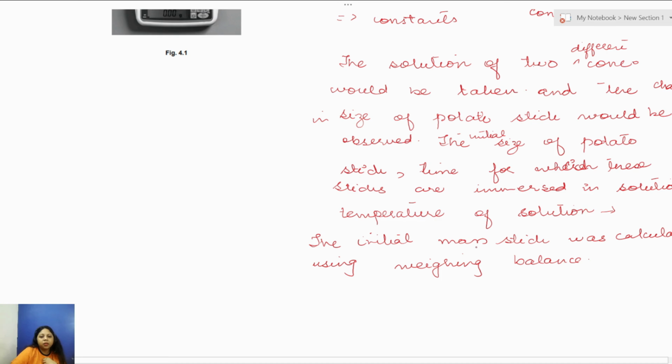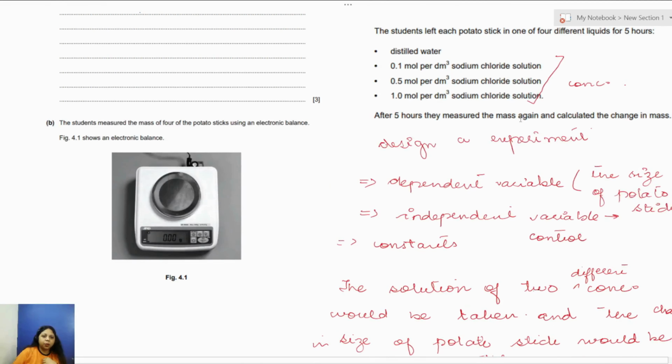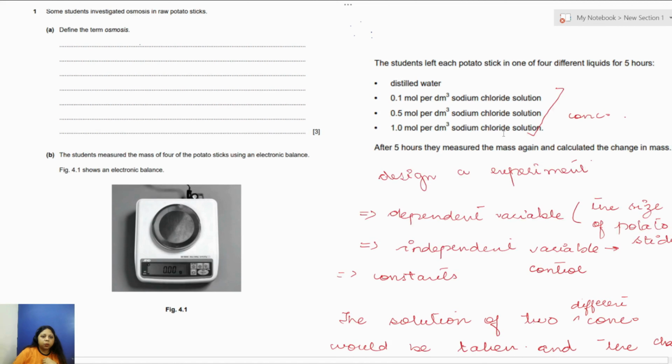The mass of the stick was calculated using a weighing balance, and the change in mass after immersion would be recorded after a specific time.